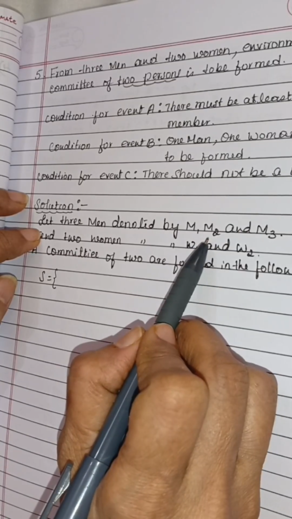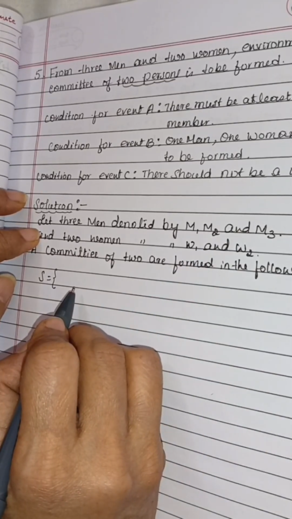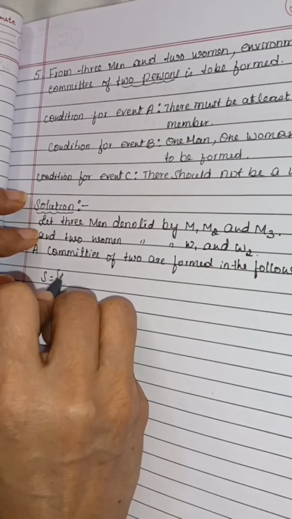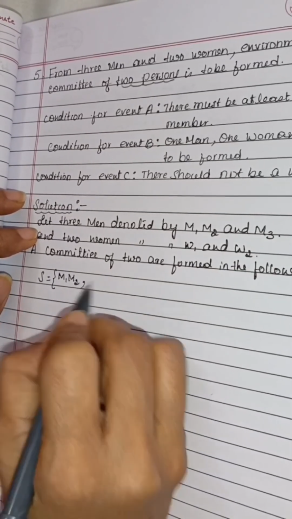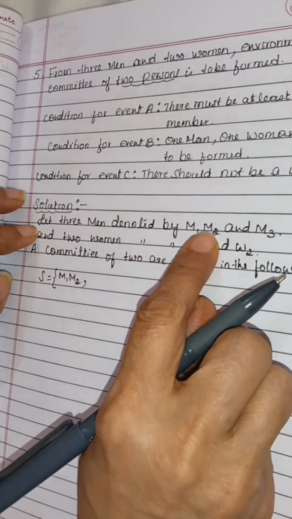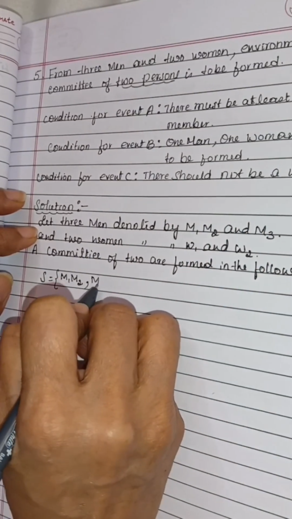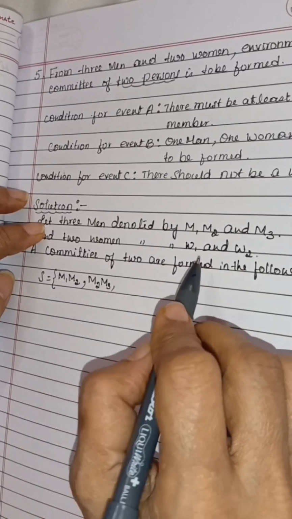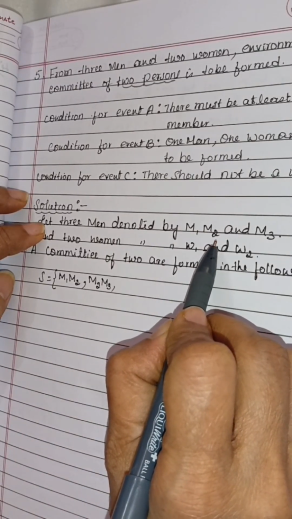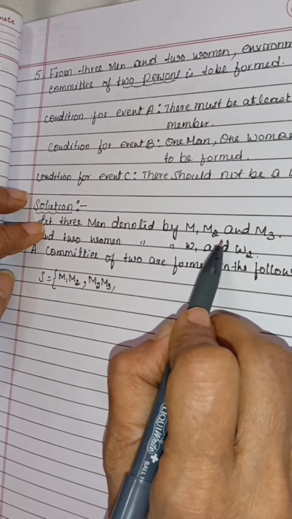Two persons: M1, M2. Next we can write M1, M3. Then M2, M3, okay, M2, M3 is over.